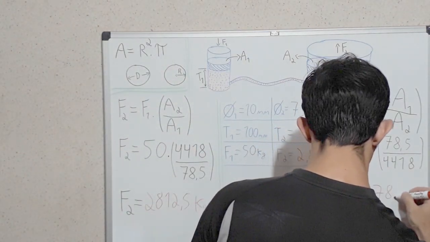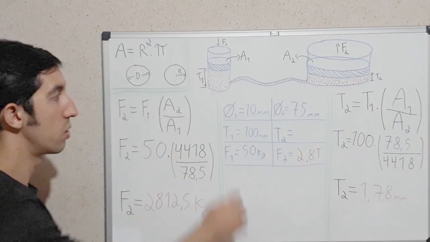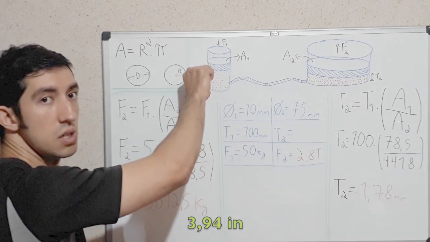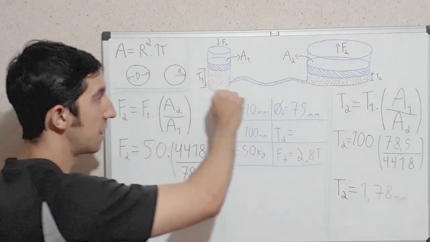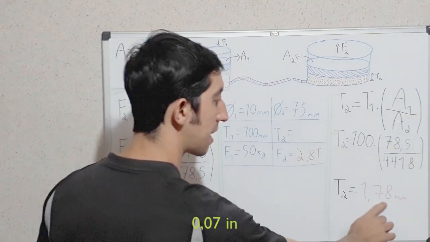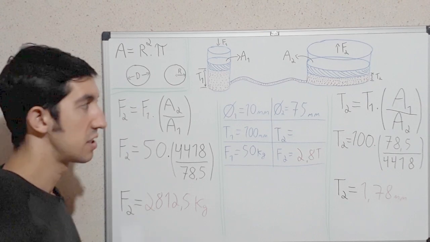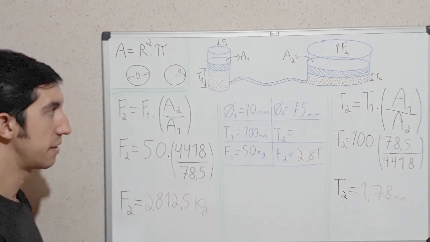Travel 2 will be 1.78 millimeters. So we start with 100 of travel of this first piston, and the travel of the second piston is 1.78 millimeters. A very small change in travel there.